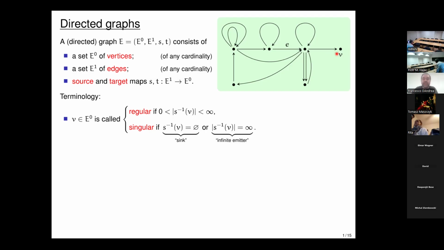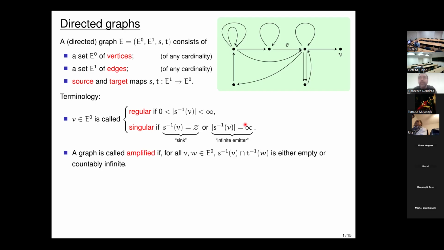Another thing that can happen is that a vertex emits infinitely many edges, and in this case we call it an infinite emitter. So these are the two types of singular vertices.